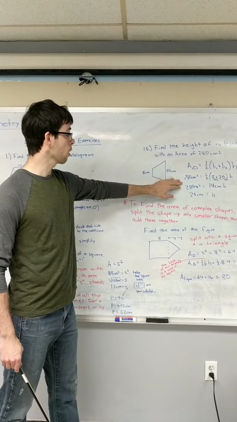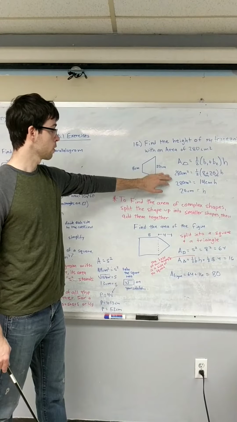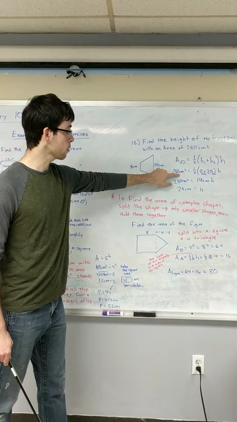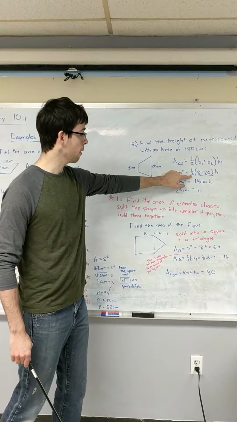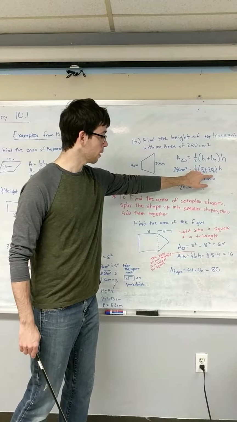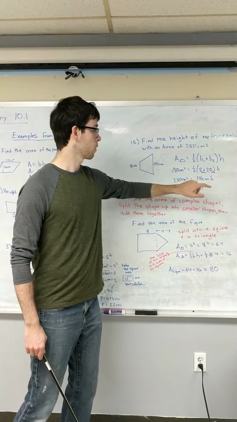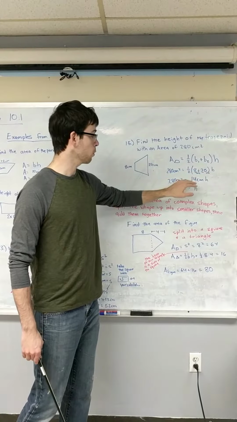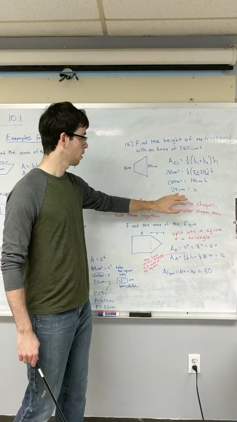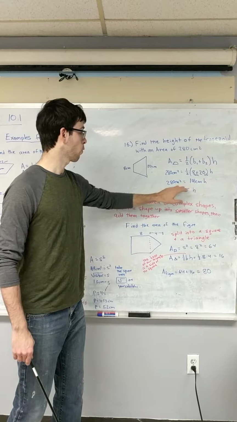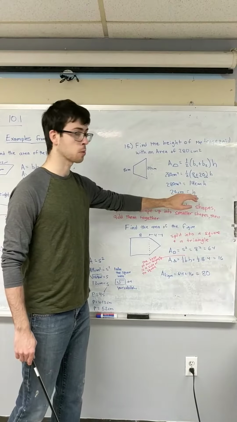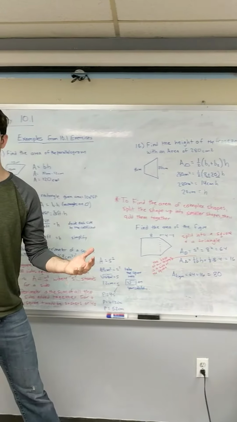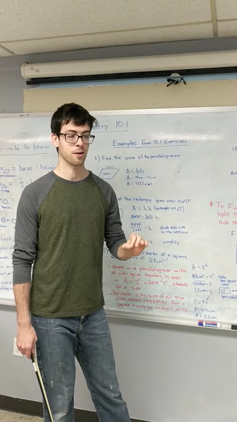Then we plug all of our numbers into the formula. So we get 280 centimeters squared is equal to 1/2 times the quantity 8 plus 20 times h. We simplify this. 1/2 times the quantity 8 plus 20 will give us 14. Now we divide each side by 14 and we get 20 centimeters is equal to h. Fairly straightforward. You guys have got this. You've done way harder math.